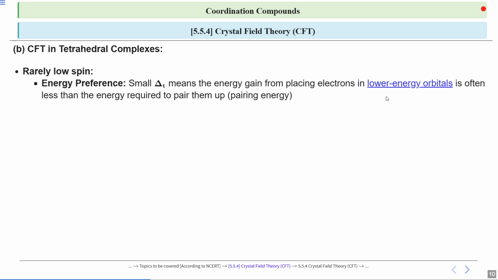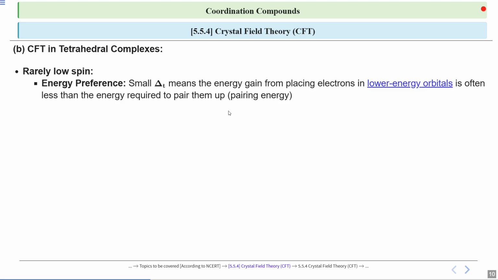placing the electrons in the lower energy orbital is often less than the energy required to pair them up, that is pairing energy. Remember we have studied about the pairing energy, which is the energy we need to require the electrons to pair up.